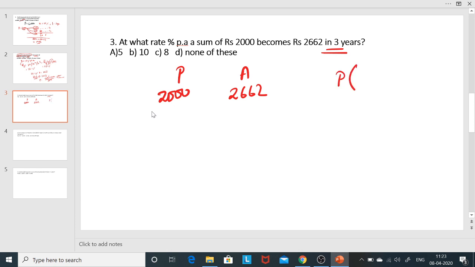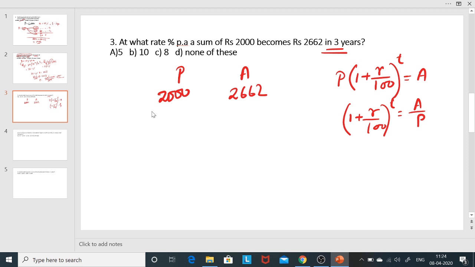In the formula we came to know P into 1 plus R by 100 to the power T, that is your amount. So if you want to get the value of R, then apart from R, the rest of the things should be shifted to the right hand side. So 1 plus R by 100 to the power T will be amount by principal.